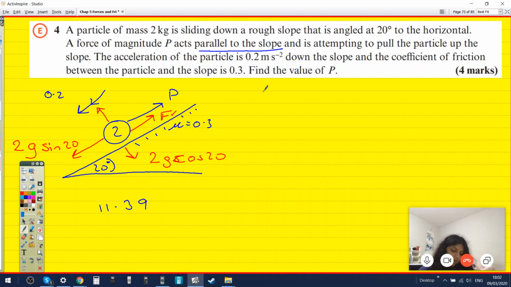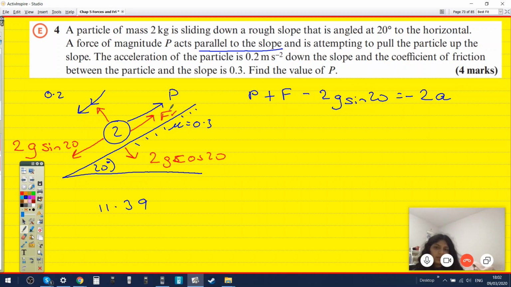No, I'm still going to get P is equal to 1.2 or something, which is wrong. So it's still wrong. Let's just start all over again. So which way is it sliding down? Sliding down, okay. Is it minus 2a?